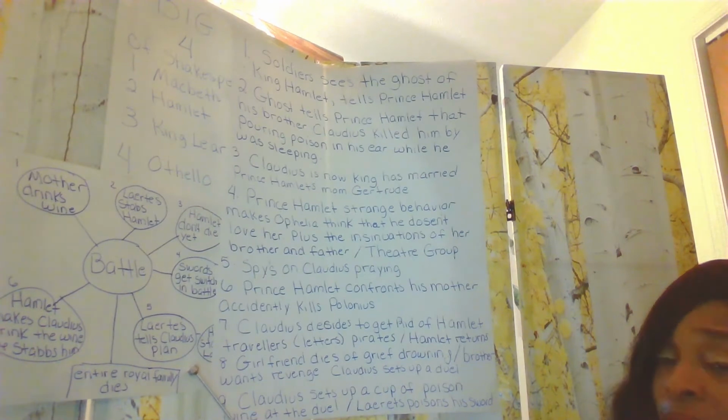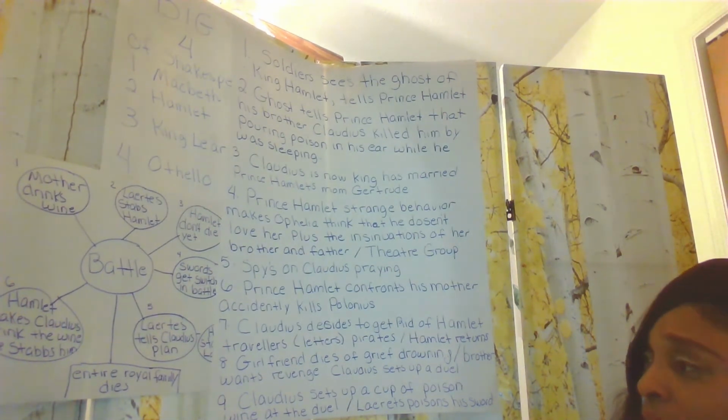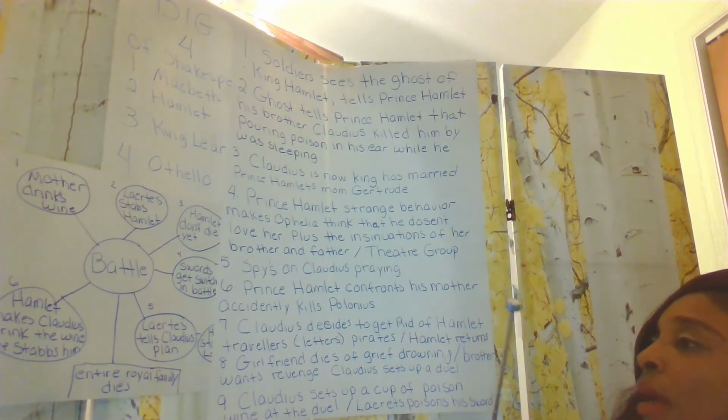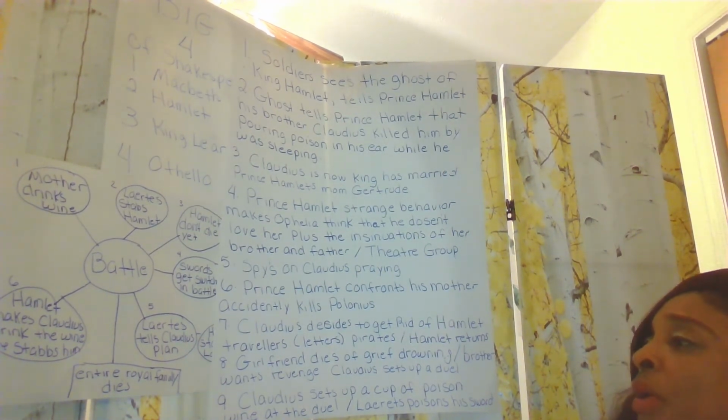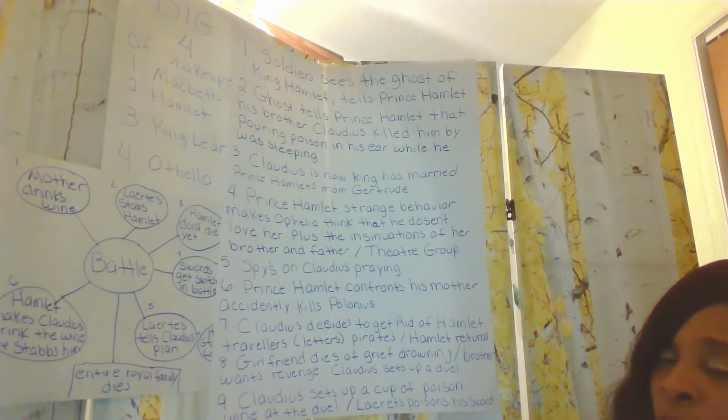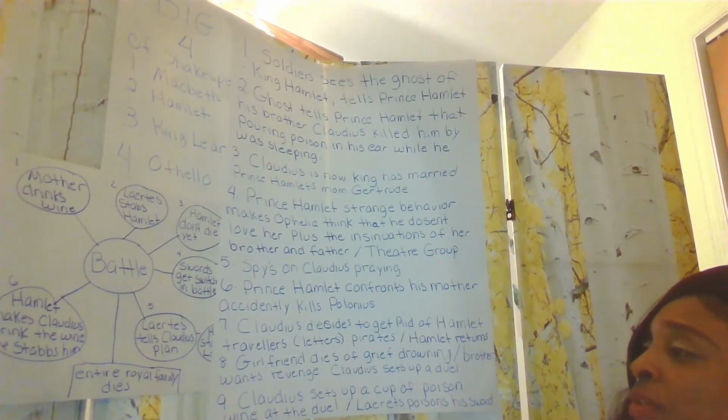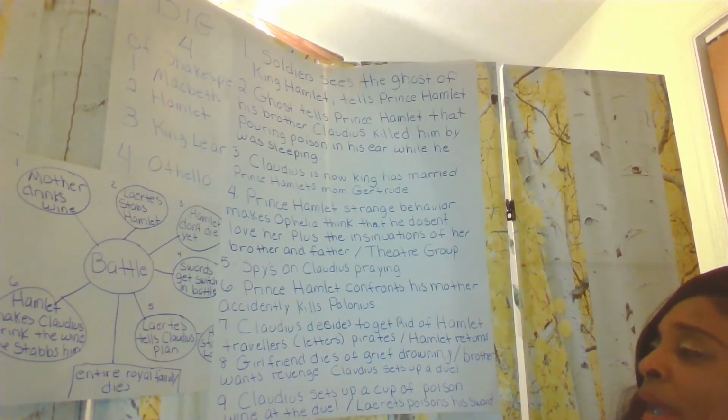Laertes dies. Hamlet is furious with Claudius, so he makes Claudius drink the wine, and he also stabs him. Remember, Hamlet has also been stabbed with the poisoned sword, and so now everything takes effect. He dies, and so now the entire royal family dies.